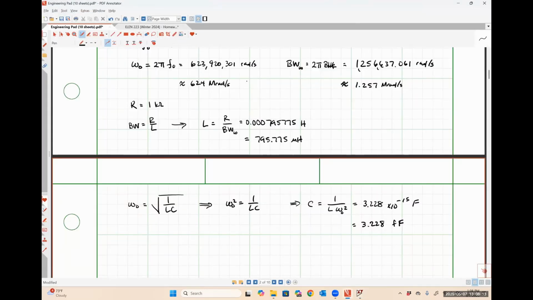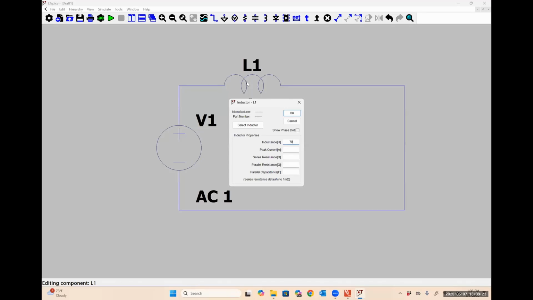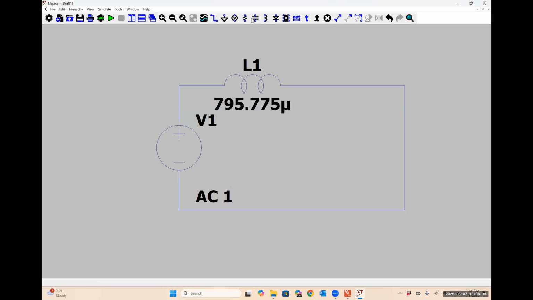Let's look. 795.775 microhenries. And for what it's worth, I'm going to make sure that that series resistance is 0 so that I'm just dealing with a pure inductance. Shouldn't matter because we're using a 1K resistor.